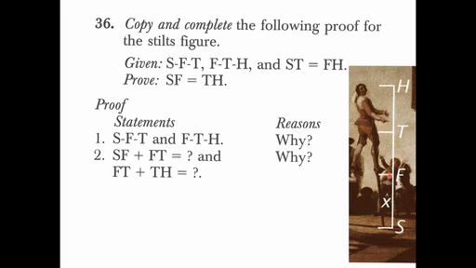It's the same reason for FT plus TH being equal to something. Question mark, same reason. They think we can go from step 2 here to step 3. So what's the difference between those? Remember to look up here in the given. ST is FH.